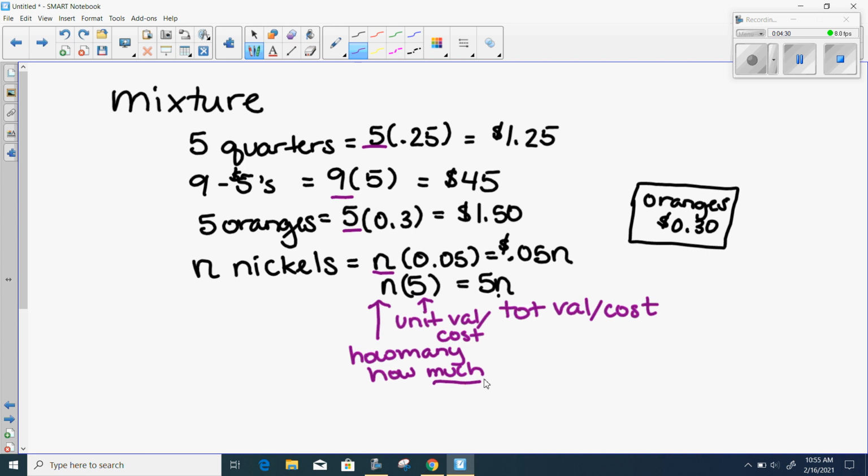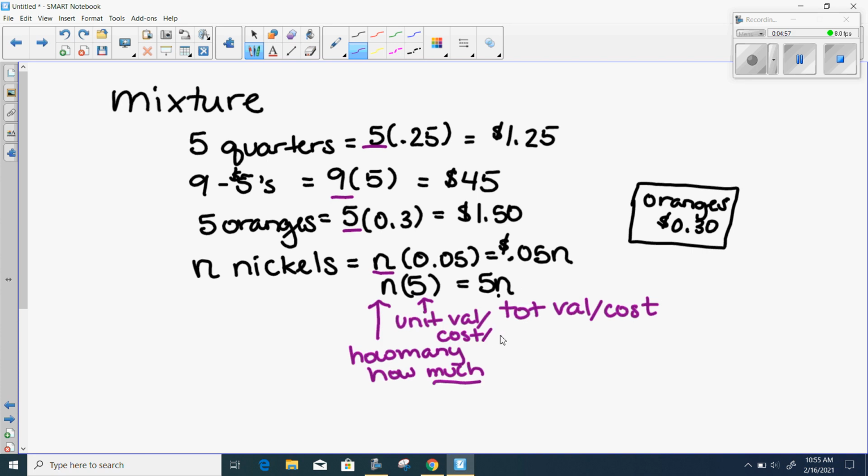But how much also applies if we're dealing with a mixture like a saline solution, or chemistry problems with hydrochloric acid. It doesn't have to be 5 or 9 or 6 or 3 of them. It could be 4.8 liters of gasoline, or 1.2 gallons of hydrochloric acid. That's the how much.